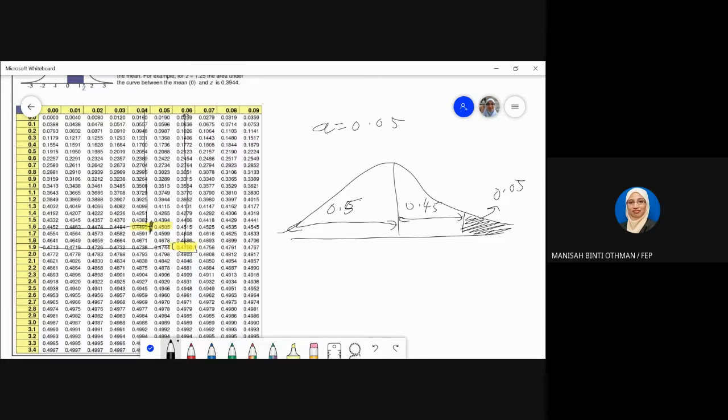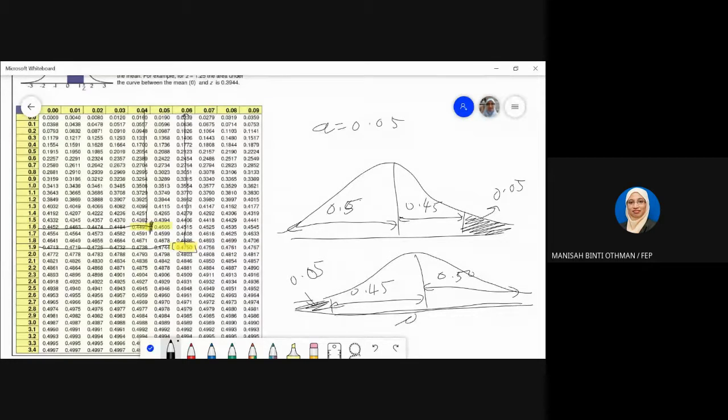Even if it's the lower tail, this is 0.05, so this area is 0.45 and this one is 0.5, making the total here 0.95.